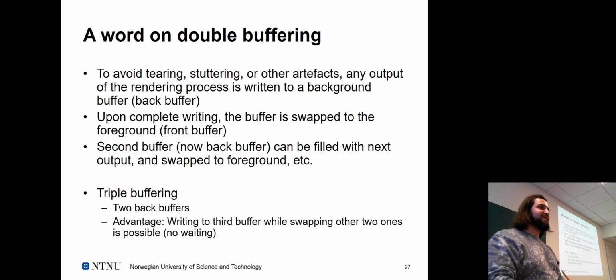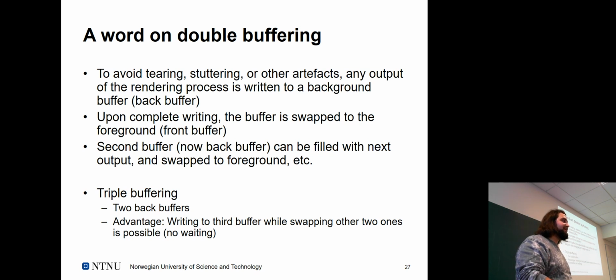When you have a double buffer, one foreground and one background buffer, the back buffer, at which point is your system idle, except for when you're already rendering one frame?